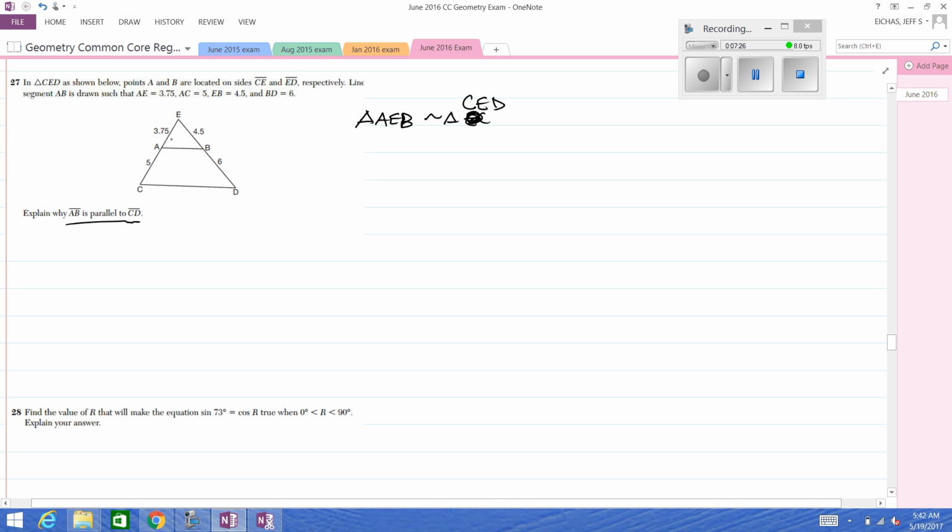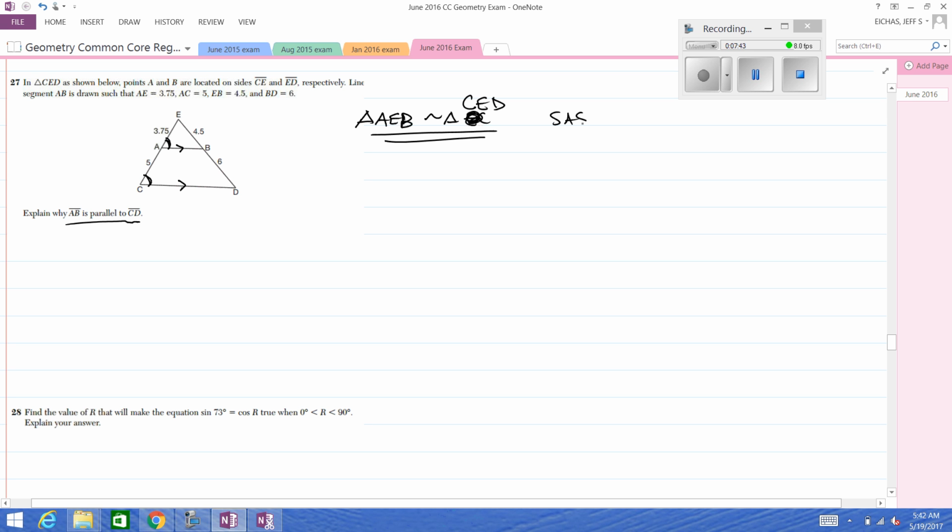So that's what my goal is going to be, to show that these 2 triangles are similar. That'll get us corresponding angles congruent, and of course that'll lead us to parallel lines. So that's the goal. All right, how do we get this?